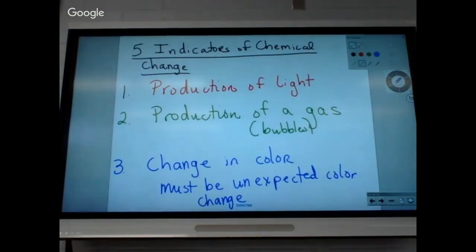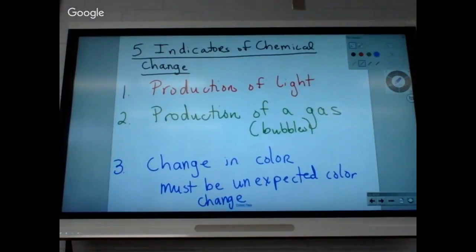Just because we all know that leaves are going to change colors in the fall does not mean that process is not a chemical change. We know that, but the process in the leaves is a what process? That's a chemical change, even though we know what's going to happen, okay? So leaves changing colors is a chemical process, even though we know that's going to happen. Okay? So don't let that get you.